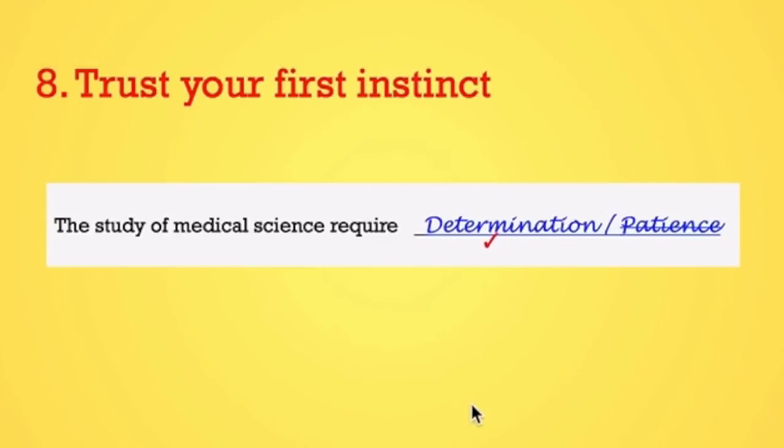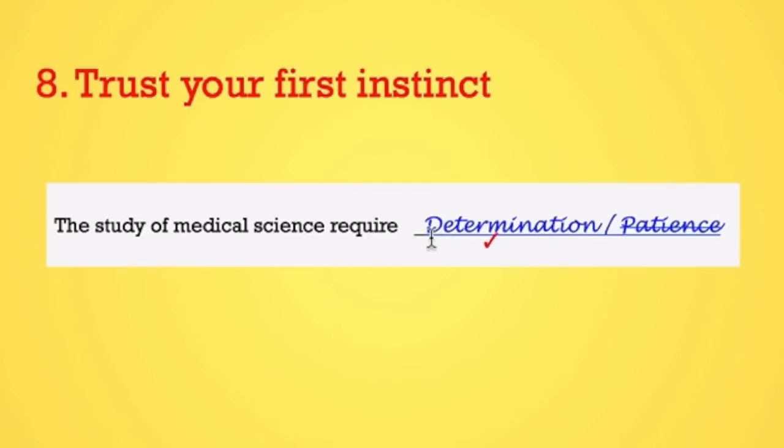What I mean by this is that oftentimes we are confused if we heard ourselves right. Sometimes the context doesn't make sense and you write something, but you're not sure which one is the right answer. Let's say, for example, there's this question that said, the study of medical science requires determination.